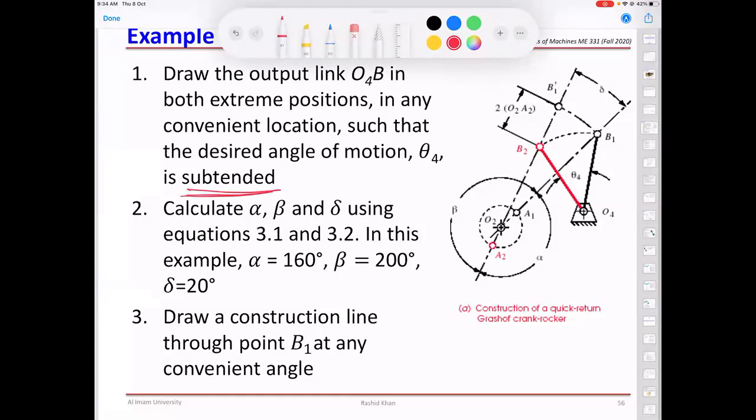So in the question, θ4 is given how much? 45 degrees, right? Now I need to draw this link. This is the initial position of the rocker. Initial position. And this is the final position, right?